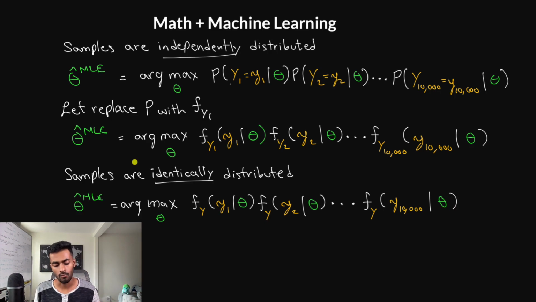And so I hope it's clear why the independent and identically distributed assumption that we typically see in machine learning actually is very useful in just simplifying the mathematics itself.